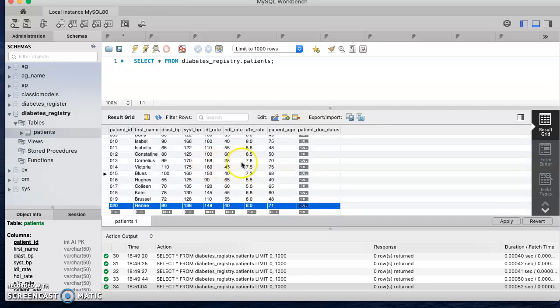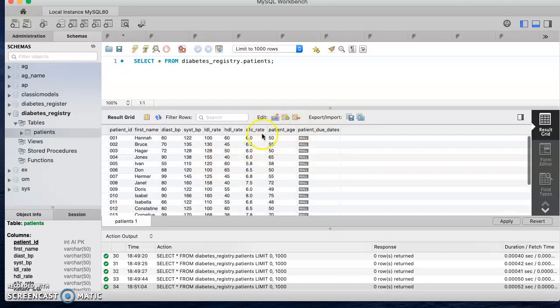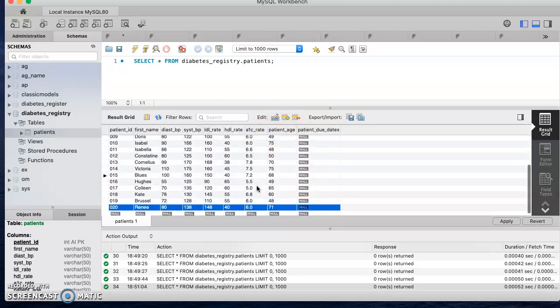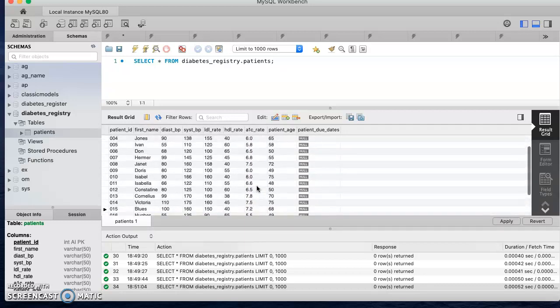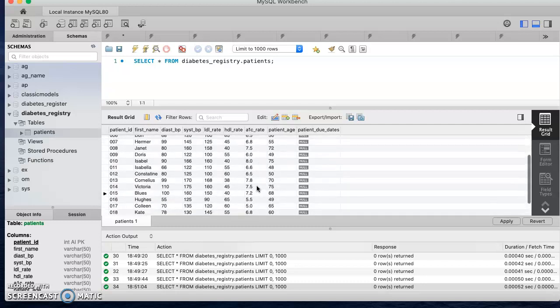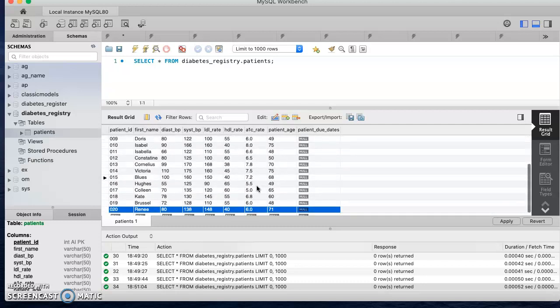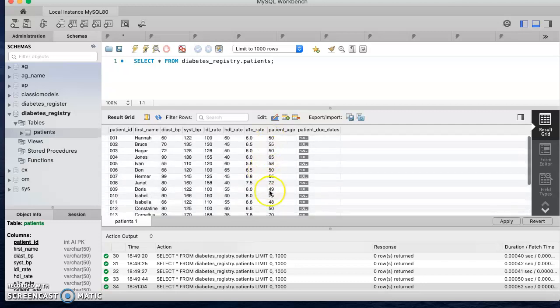And also there are the patient ages here, ranging between 48 to 75. I think 75 is the highest. Okay, well, we have all that here.